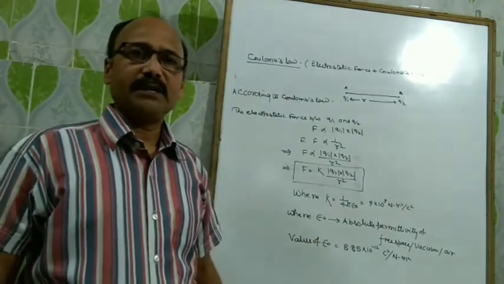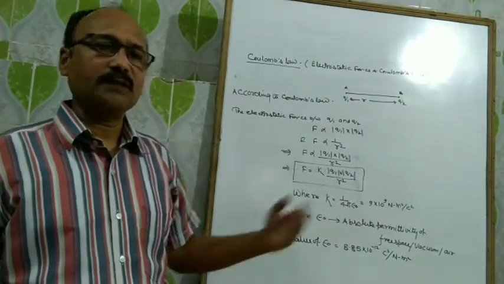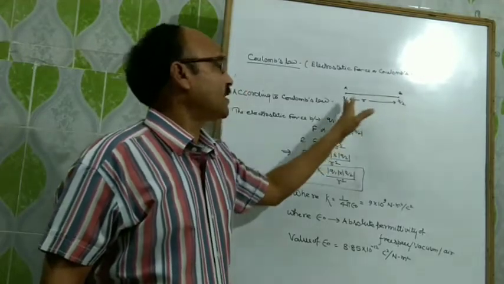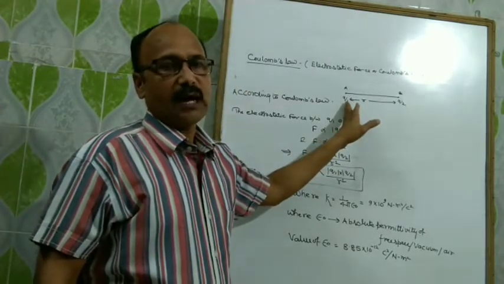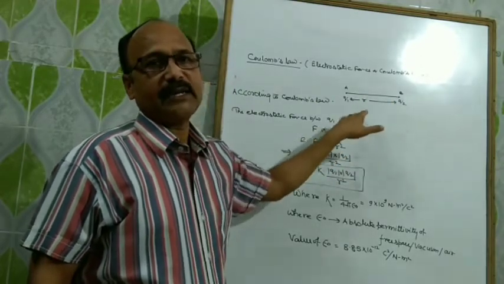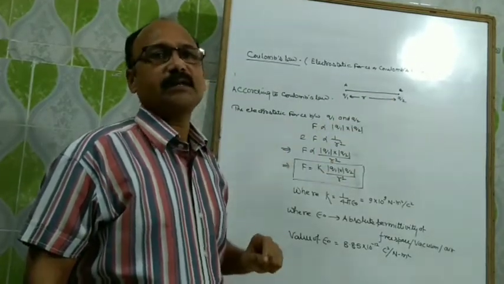Now we have to derive this electrostatic or Coulomb's force. For this we are taking 2-point charges Q1 and Q2 at rest at the points A and B, which are separated by a small distance r.